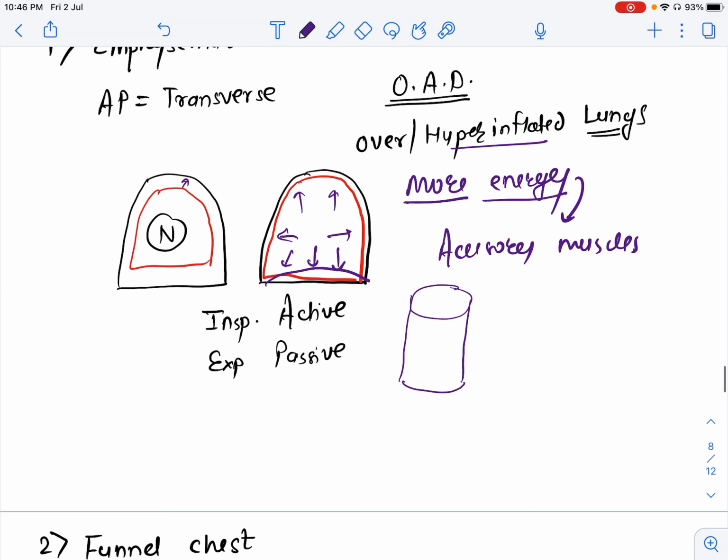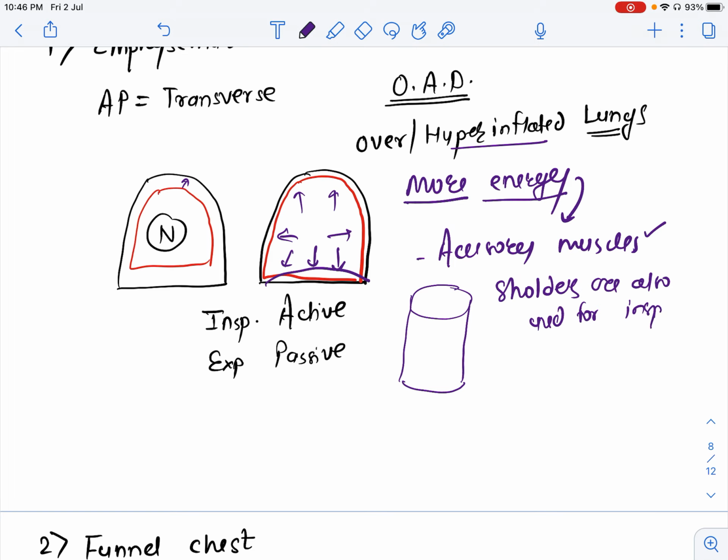Now the other important thing is the accessory muscles, they are active in these patients. The inspiratory accessory muscles, you all know, are the sternocleidomastoid and scalene muscles. Also, they use shoulders for inspiration.